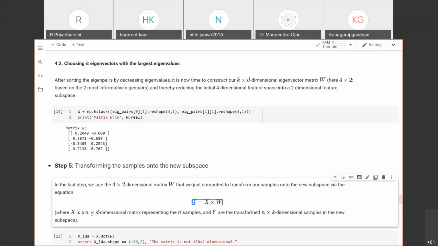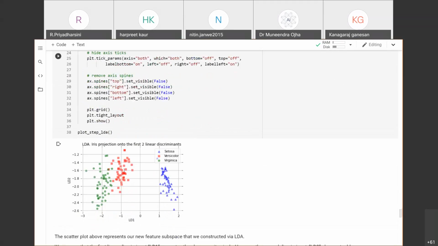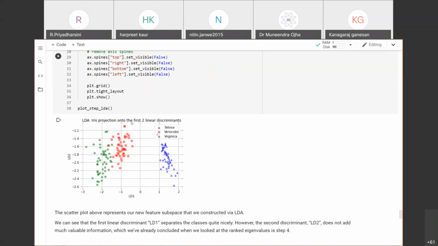X is an n by d dimensional matrix representing n samples, and Y are the transformed n by k dimensional samples in the new subspace. We perform this, and finally when we plot our data, we see that the iris projection onto the first two linear discriminants is like this.